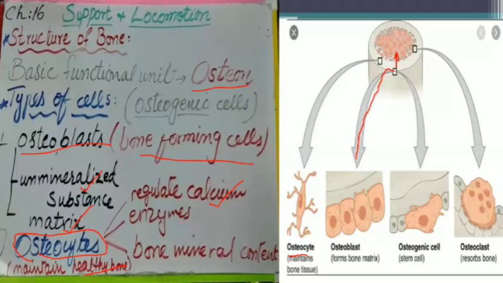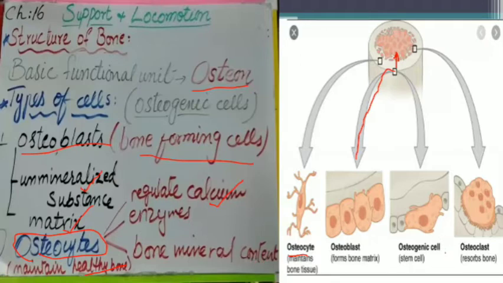They also maintain calcium release from bone tissues to the blood. So actually they are bone maintaining cells, because here the calcium and other minerals are going to be regulated. So that's why, in real case, they are the bone maintaining cells, which maintain the bone tissues, which make the bones stronger.